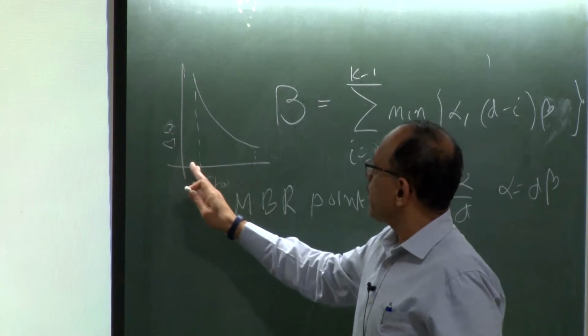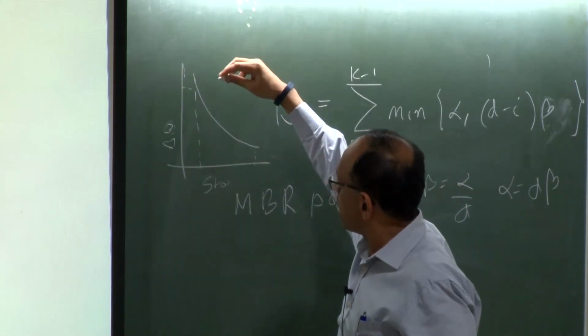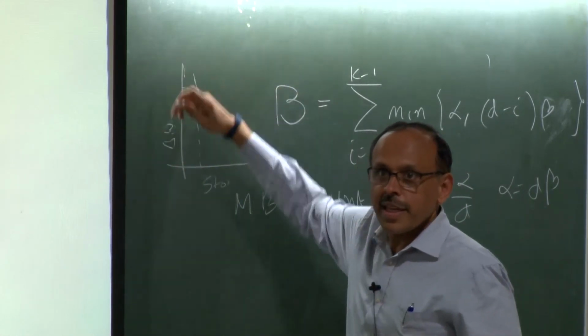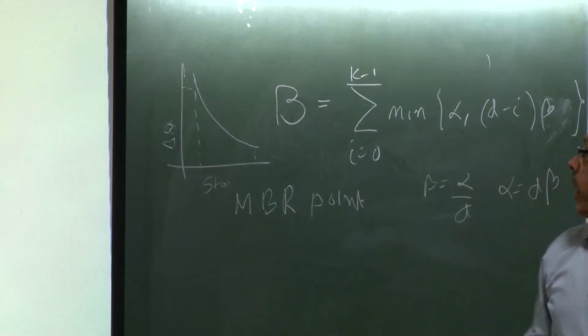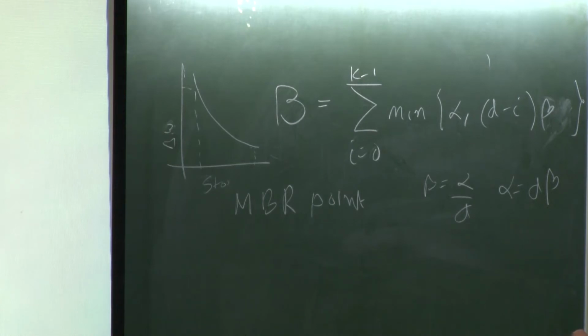When the bandwidth is 0, the storage is minimum, correct? So obviously with this equation, minimum alpha at the MBR point, you will only get contribution from d minus i times beta.